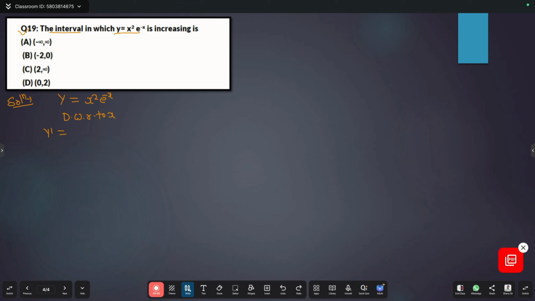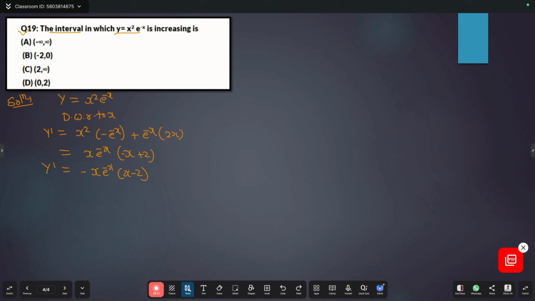So y' = x² times the derivative of e^(−x), which is −e^(−x), plus e^(−x) times the derivative of x², which is 2x. Now we can see x common and e^(−x) common, so from here −x and from here +2. In fact, minus can also be taken common: −e^(−x)·x(x − 2).